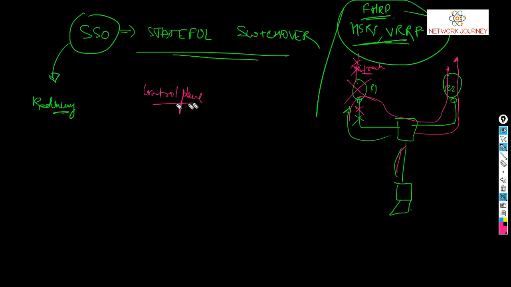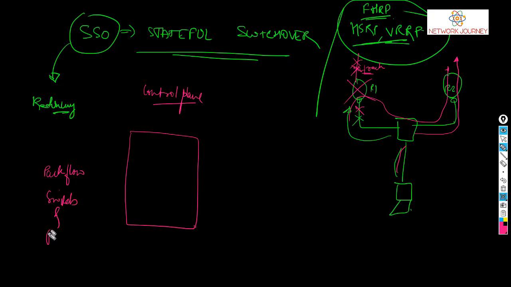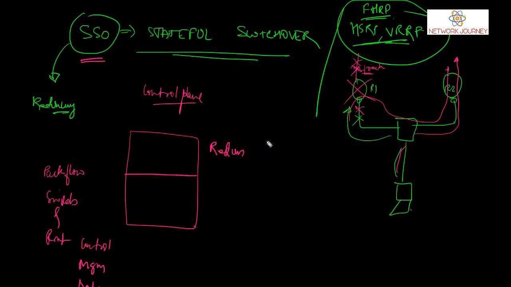If you remember those topics where we discussed the packet flow inside a switch and router, we discussed the three planes: the control plane, the management plane, and the data plane. Agree? So this topic is about providing redundancy to the control plane.